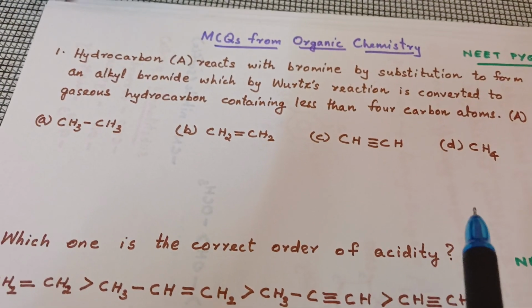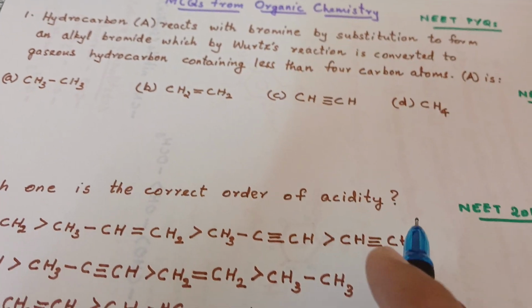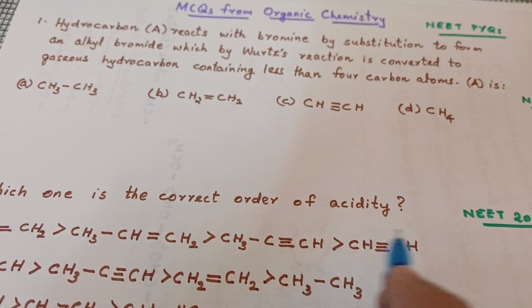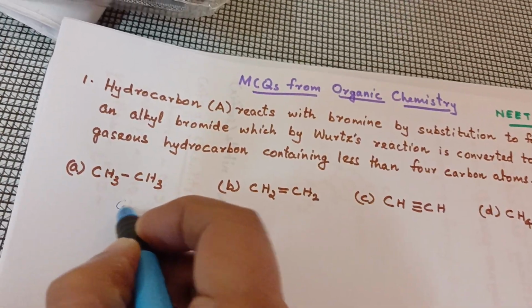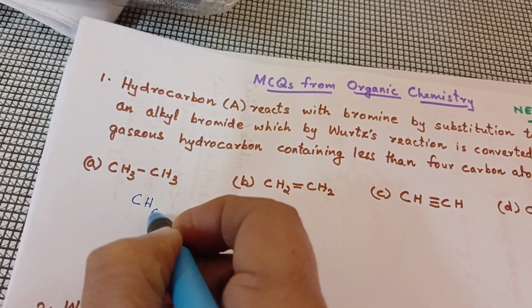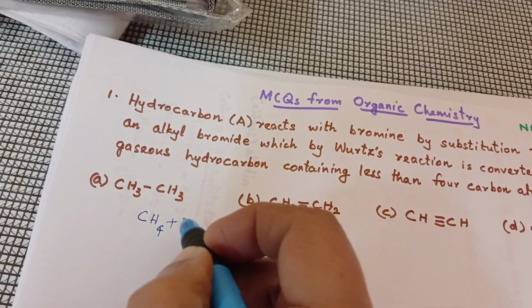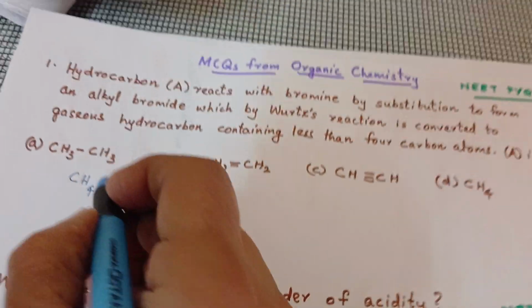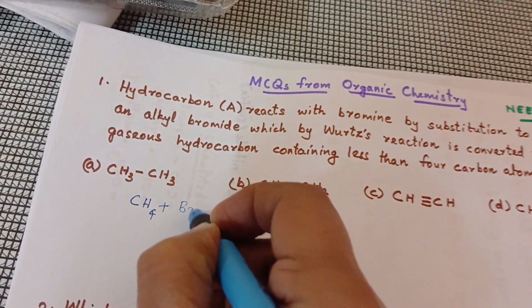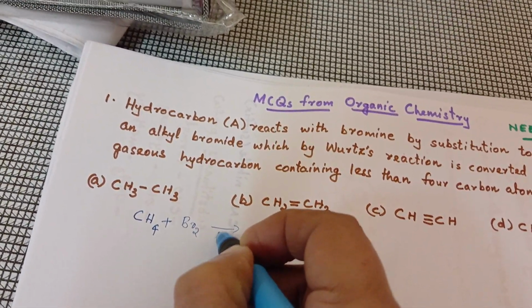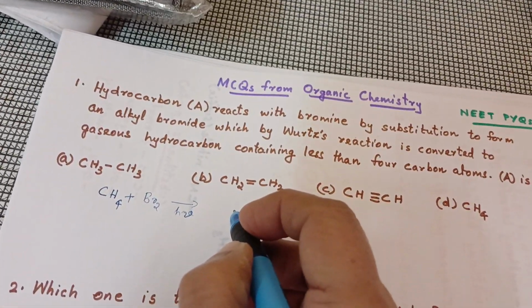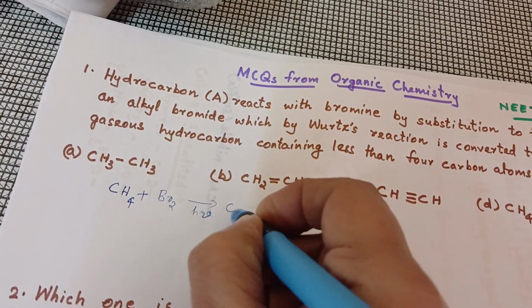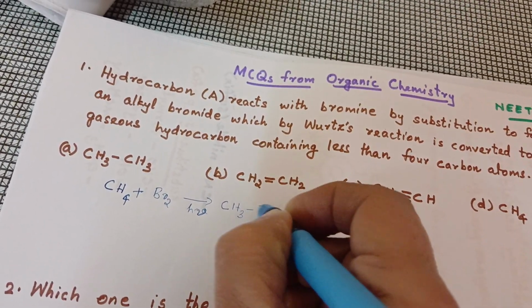So let us see if the initial hydrocarbon, let us take it as methane and see whether it will fit. So methane, CH4, plus bromine in the presence of light, h nu, will give us methyl bromide, that is CH3Br.